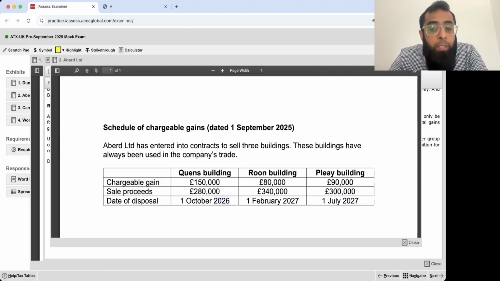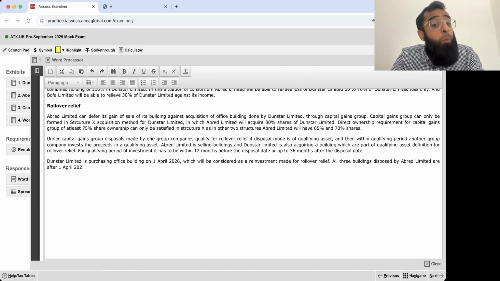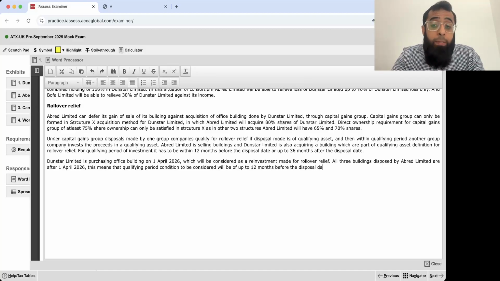All 3 buildings disposed by Aberrade Limited are after 1st April 2026. This means that the qualifying period condition to be considered will be up to 12 months before the disposal date.